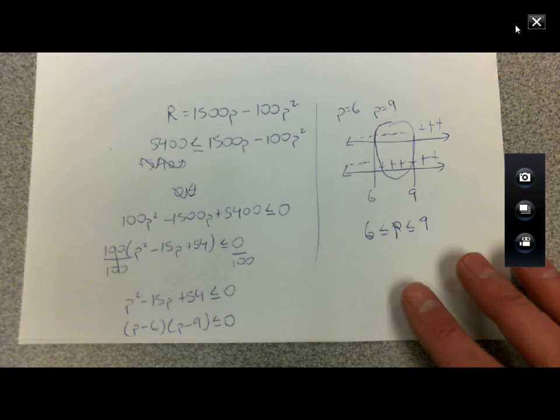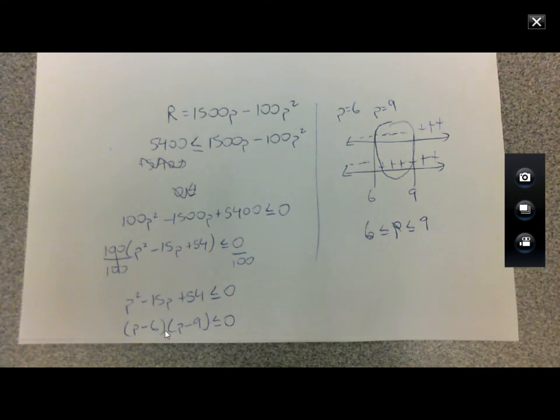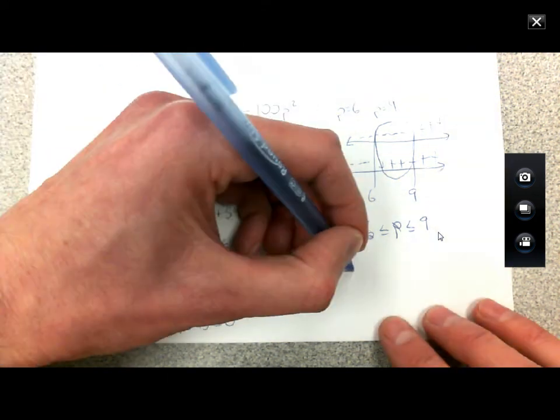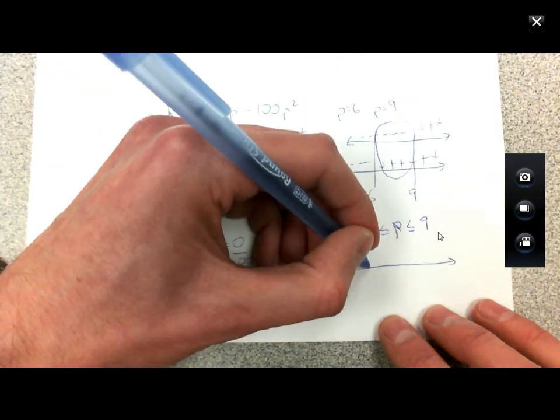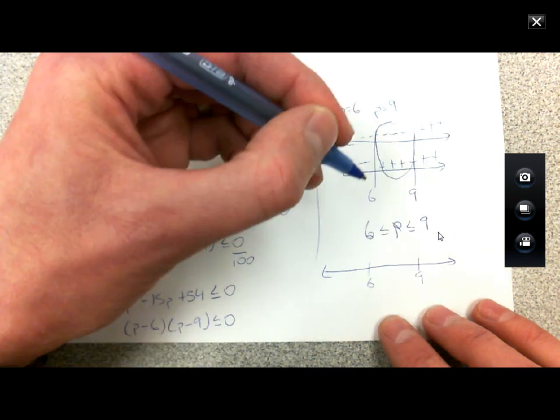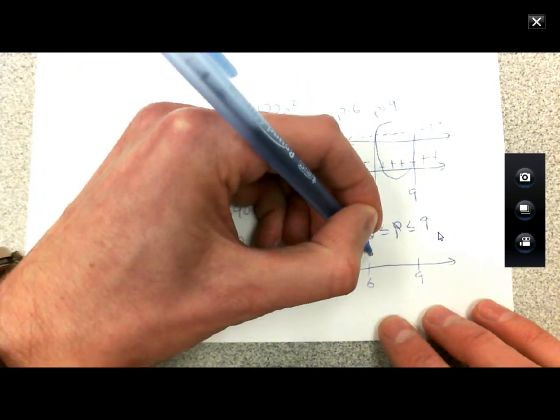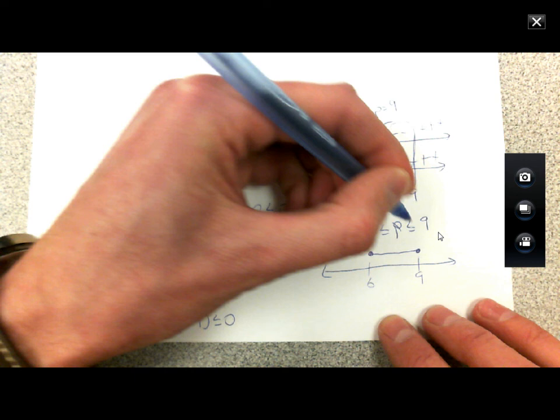Because this is not a rational inequality, it's a quadratic, I don't have to worry about dividing by 0. So I'm left with my solutions here, and I would graph it from 6 to 9. I would say that anything in between works.